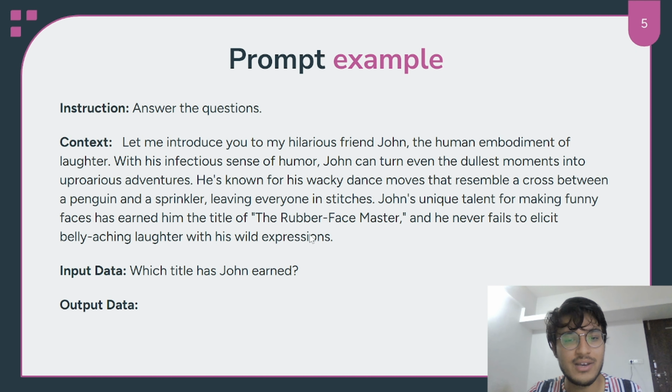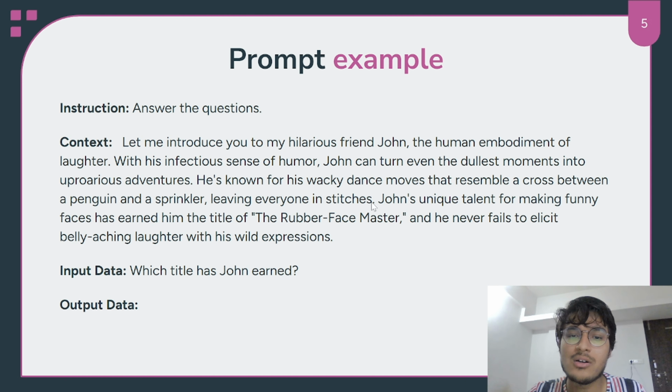Somewhere there will be a line, you can read here: he is known for his wacky dance moves that resemble a cross between the penguin and sprinkler, leaving everyone in stitches. John's unique talent for making funny faces has earned him the title of the Rubber Face Master. So now the model can answer which title John has earned. It will be the Rubber Face Master.